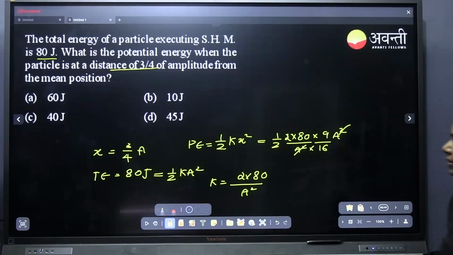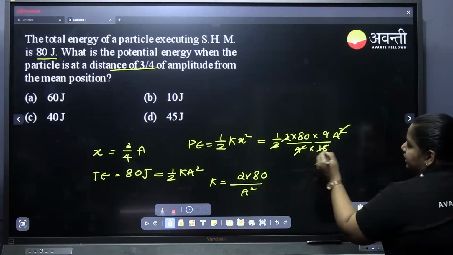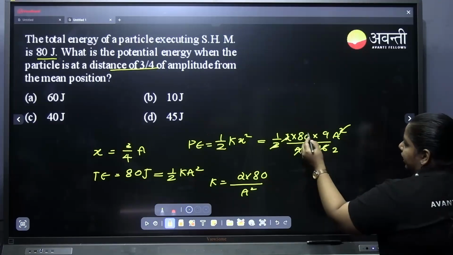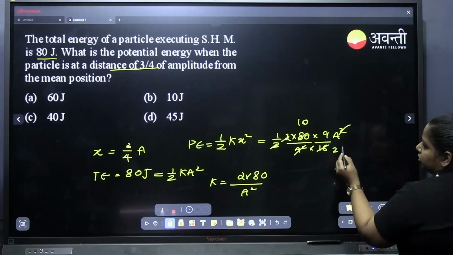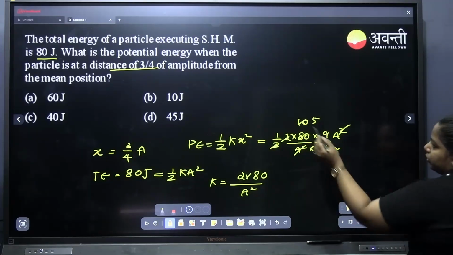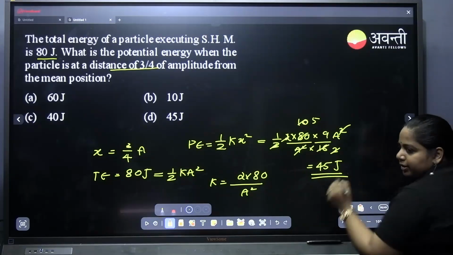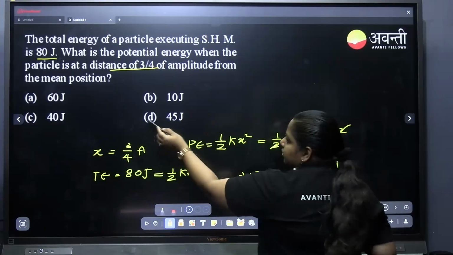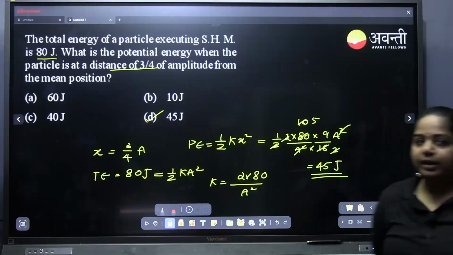See, 2 cancels here. 16 to 80 is 10. So 2 10 5 into 9 equal to 45 joule. D is the answer. Yes, D is the answer.